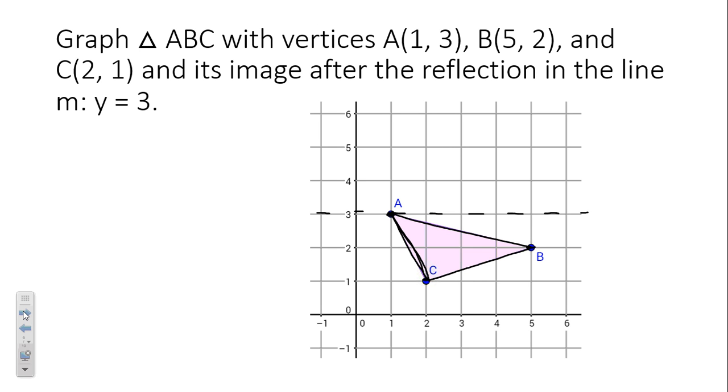It stays put, right? Because it's on the line. So rename it A prime. It's not moving. Now, remember, we need to go perpendicular from this line. So we want to go straight up. So B is how many units away from that line? So we want to be 1 up. And name that B prime.